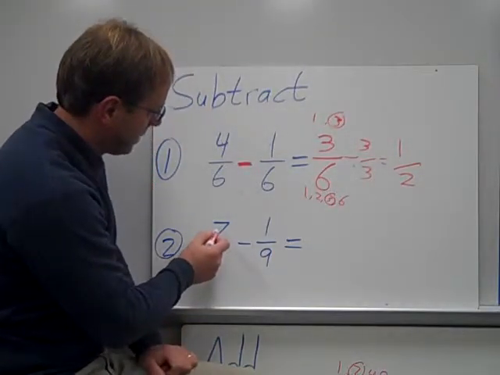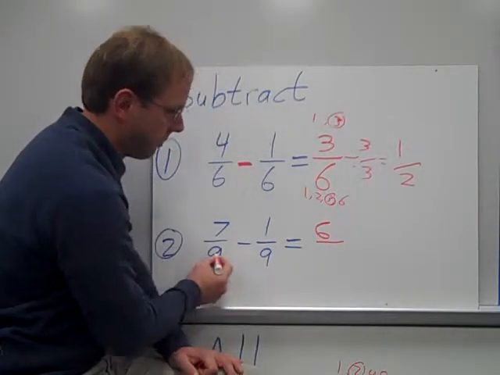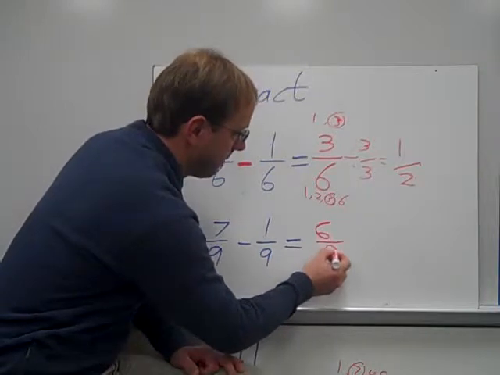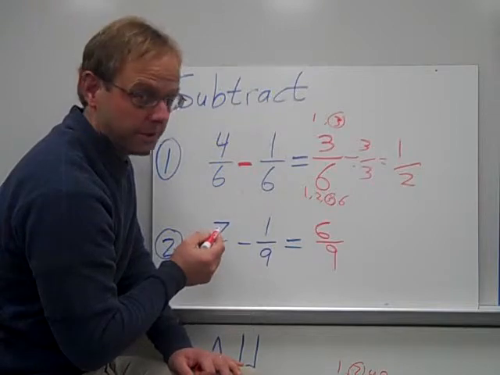Now here's an example again. 7 minus 1 is 6. My denominator stays the same, and I'm going to check to see if I can put this in simplest form.